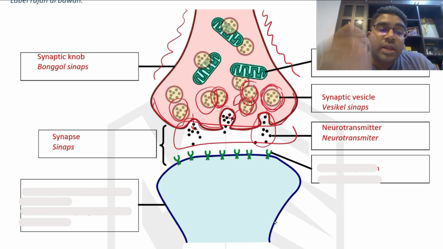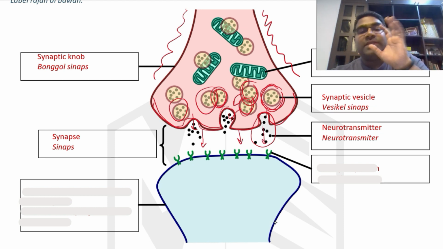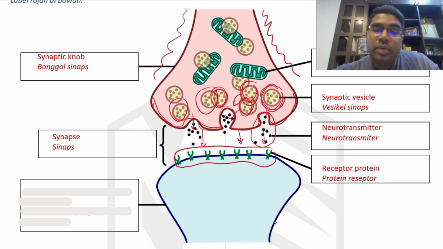So mereka akan pergi ke mana? Mereka akan meresap, it will diffuse across the synapse. Mana destinasi dia? Where's the destination of neurotransmitter? Benda-benda ni, these green color things. Benda-benda warna hijau ni yang merupakan protein receptor.